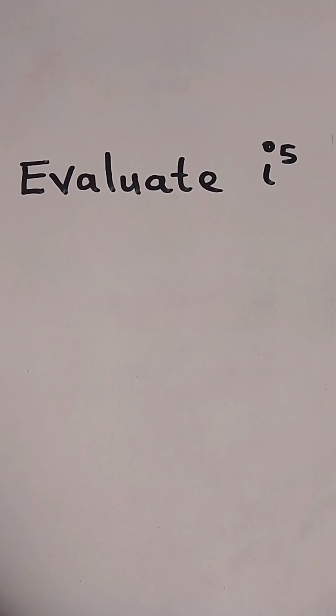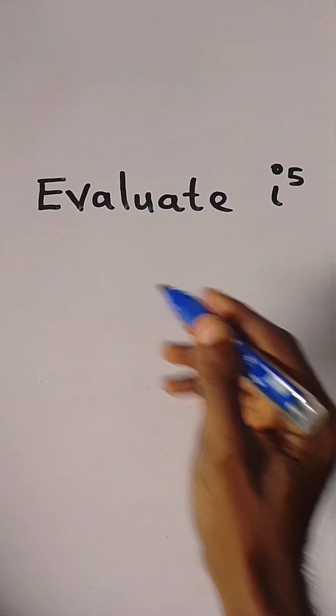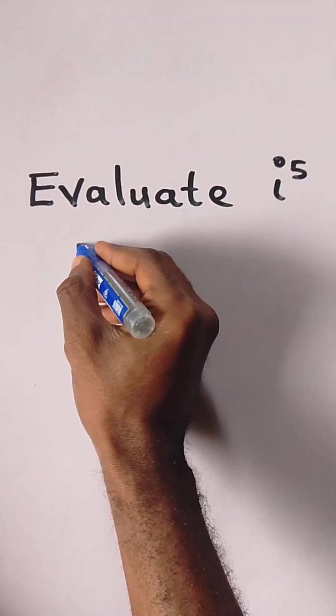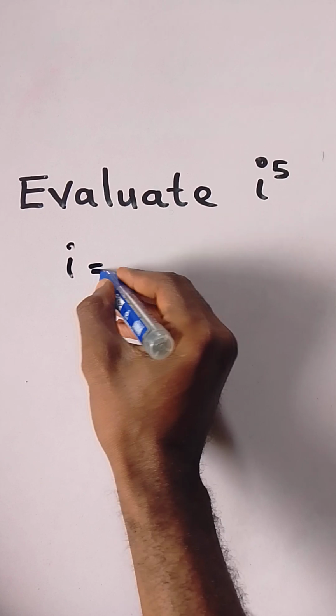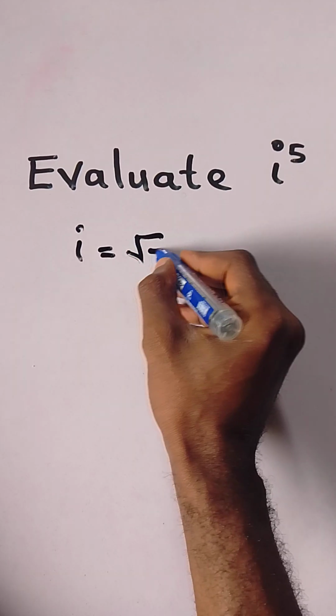Okay, so let's evaluate i raised to power 5. Now, from the properties of imaginary numbers, we know that i is equal to the square root of -1.